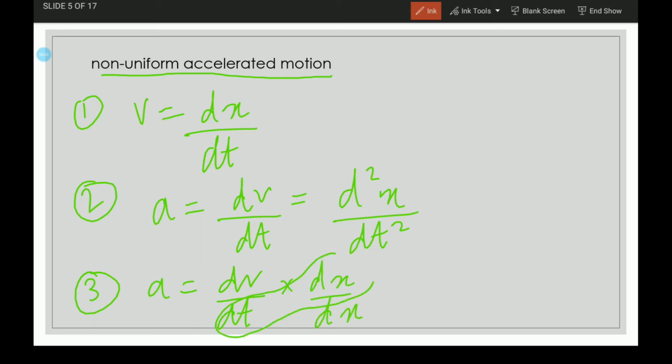We can see that this quantity is nothing but v is equal to dx by dt. Therefore, we can say that a is equal to v into dv by dx. This is especially useful in cases when the velocity is given in terms of x, or the displacement.